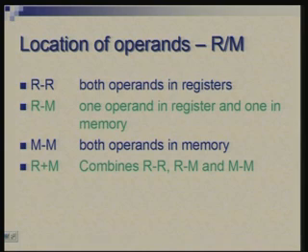Okay. One crucial factor is where the operands of instructions are located. Okay. In MIPS we have seen that operands for instructions like add are always in registers. It is faster to access operands which are in registers as compared to accessing or storing data in memory.